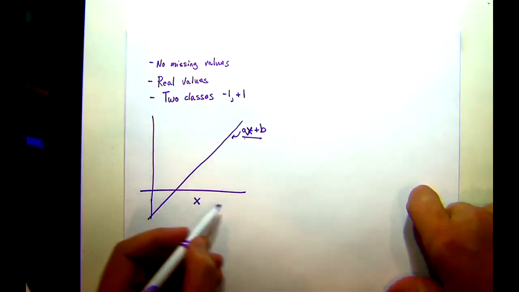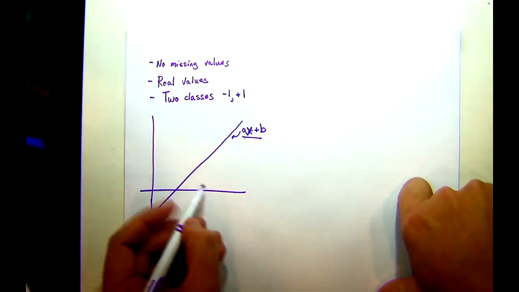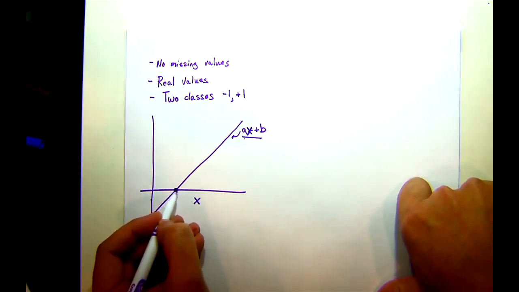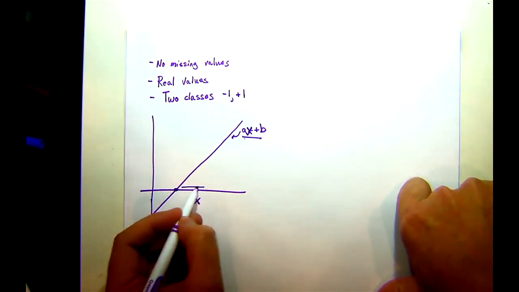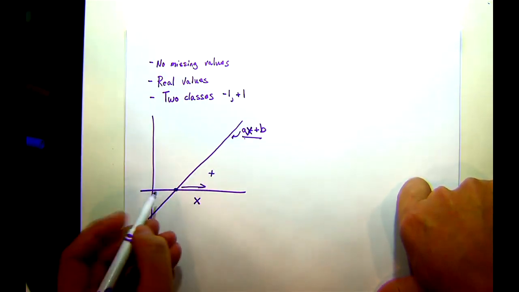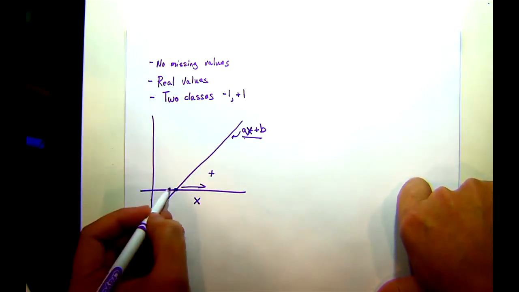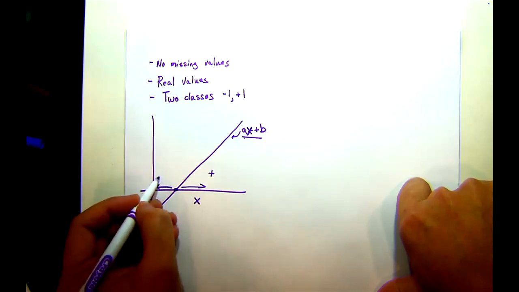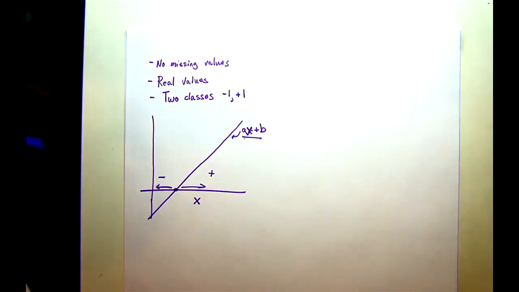So in the one-dimensional case, basically everything over here is going to be a plus, and everything over here is going to be a minus. So we've just taken a linear combination here, split the space in two, and used that.